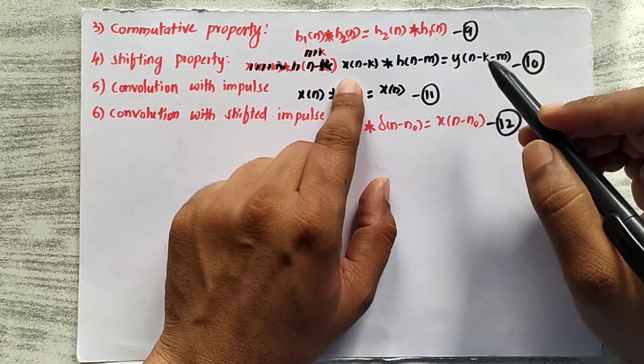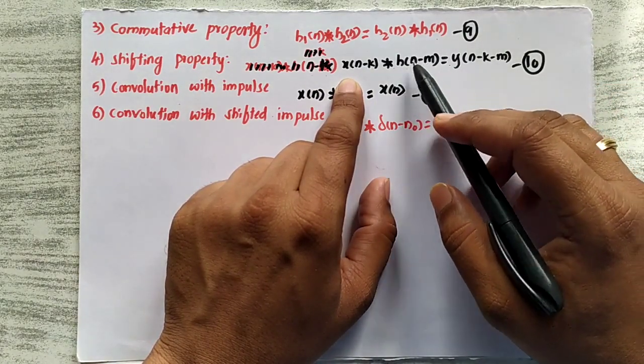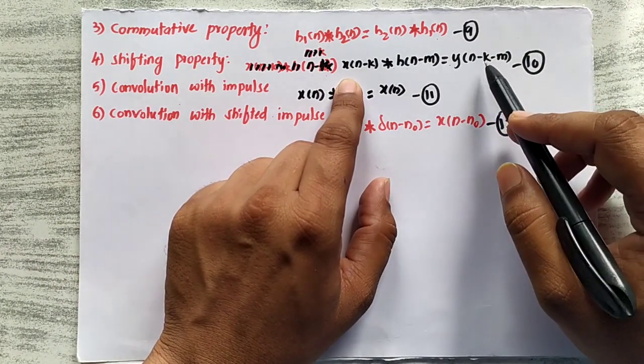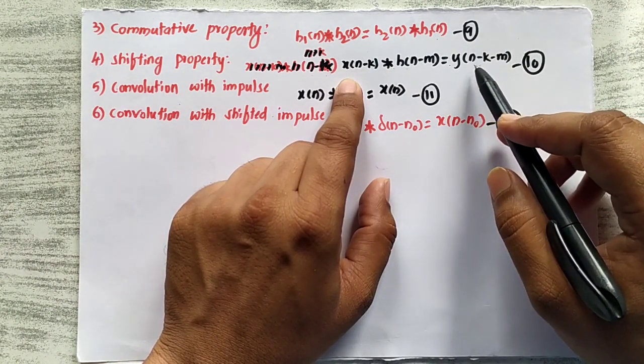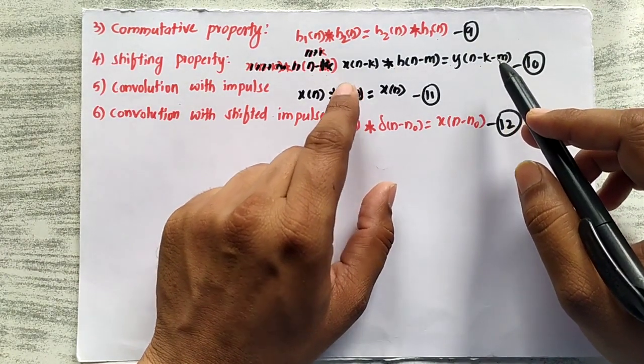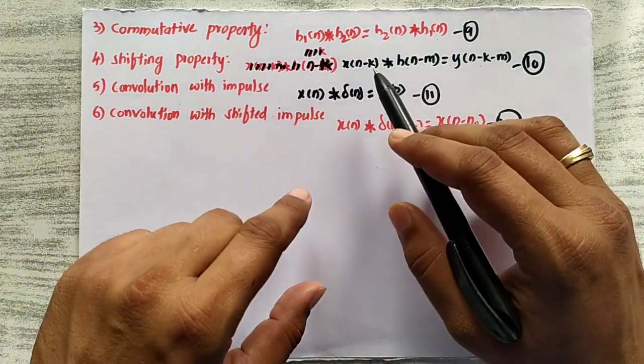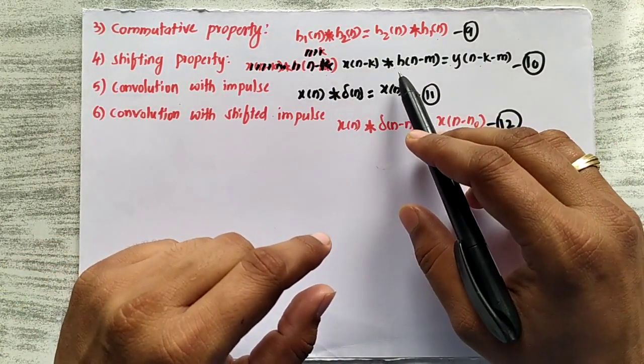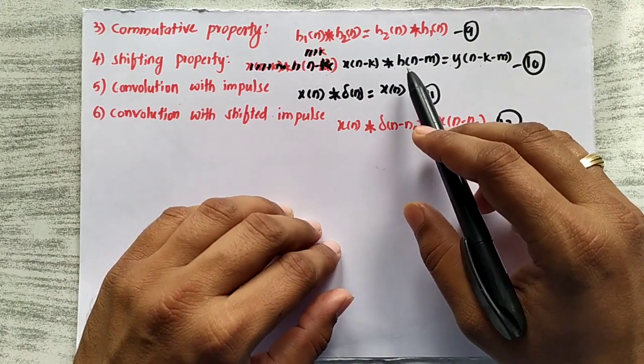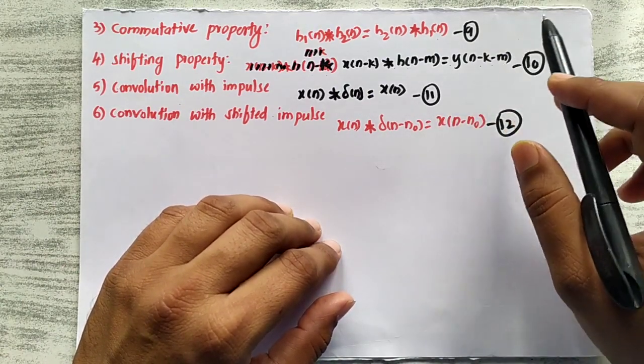Please understand here, whatever the amount of shift in the inputs, the same amount of shifting will be there in the output also.